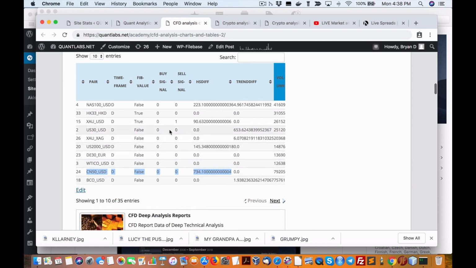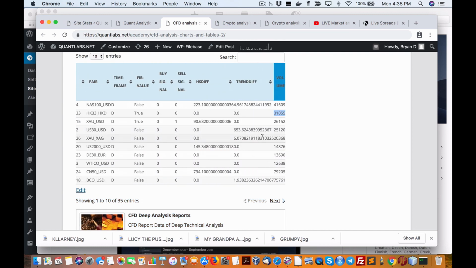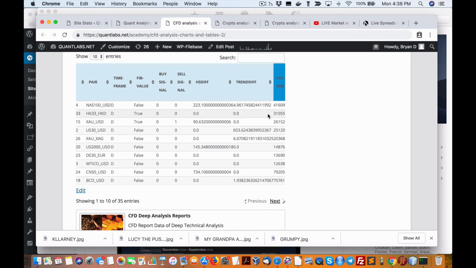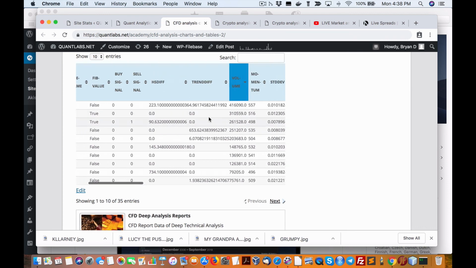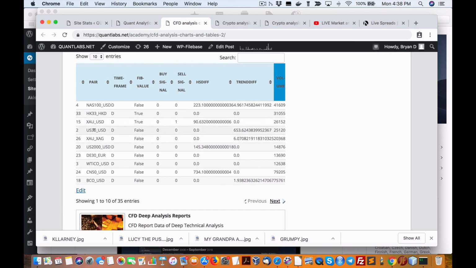The volume is only roughly half of what the U.S. is. Let me just do a sort here to see what the volume is. Okay, there you go. So you can clearly see the NASDAQ 100 volume-wise, but people are lining up their trades to go into Asia. I really think that the volume again with gold is potentially ready to move, and then anything U.S., and this one's doing pretty good too.